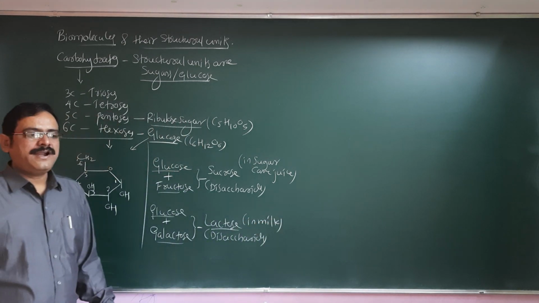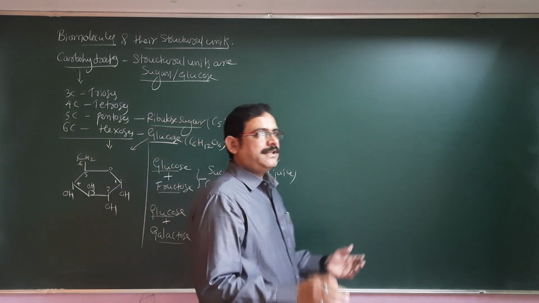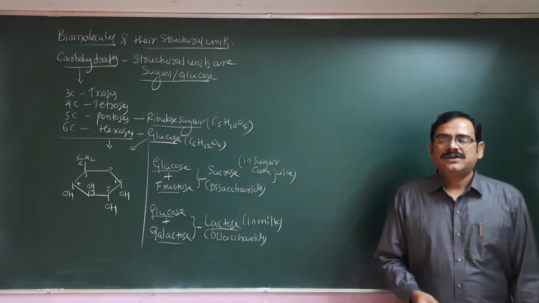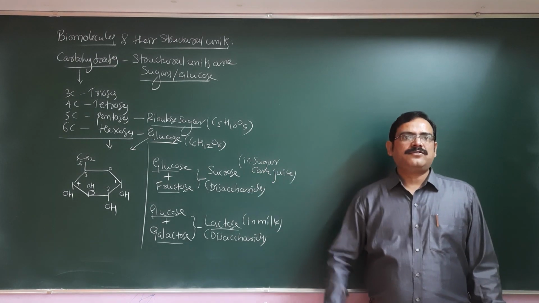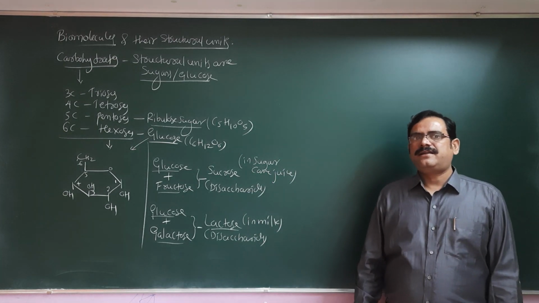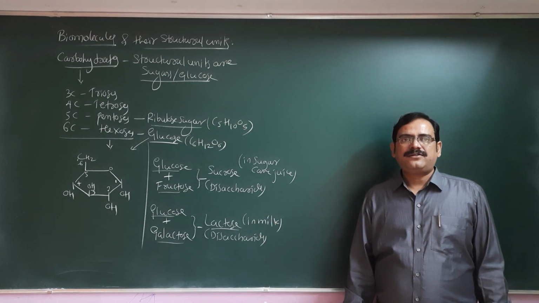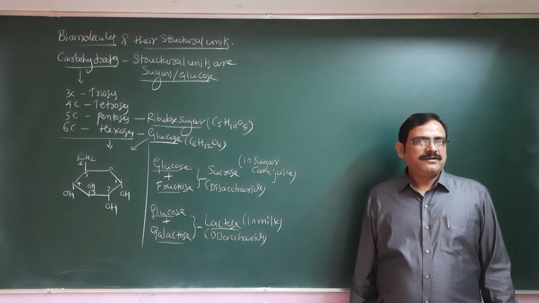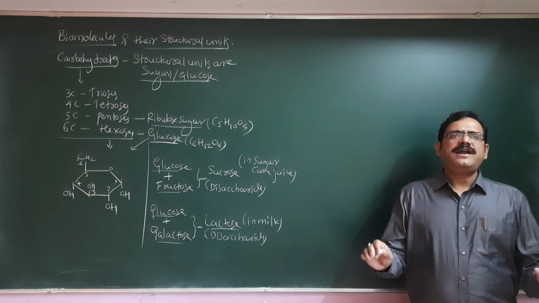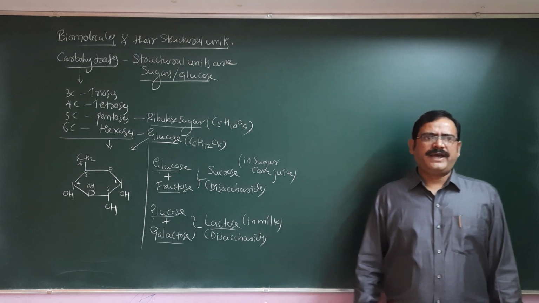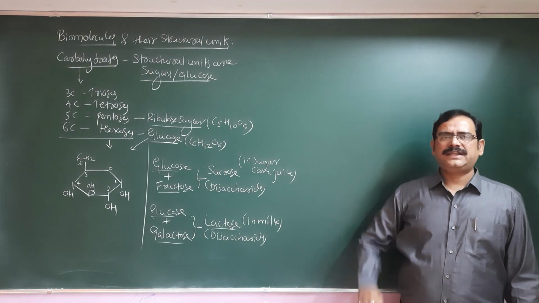Whether the carbohydrates are seen in plant material or sugar cane juice, they are made up of glucose only, or if they are in animal material or milk, such as lactose, they do have glucose in them. Thus a variety of sugar molecules are constructed or formed by glucose only.